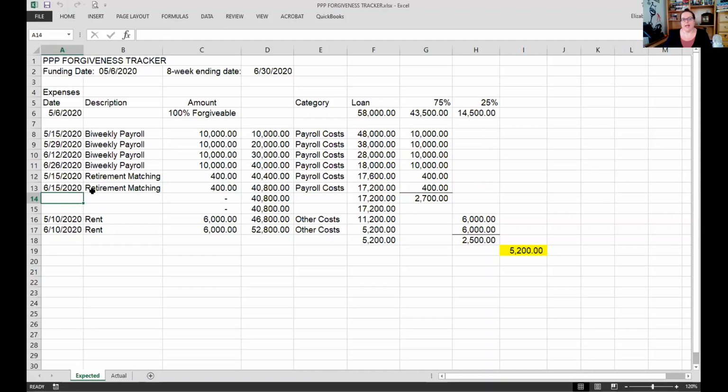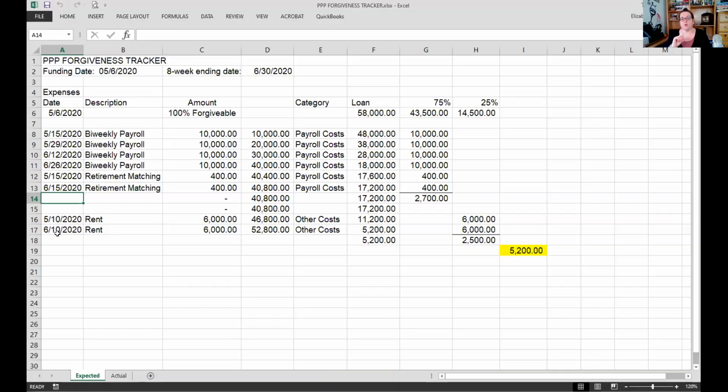Maybe you have mortgage interest, so you have a loan payment that you have to make on a building. I'm going to say that that's going to be somewhat rare because most people keep their building outside of the entity that received the loan. So you may be paying rent, which gets to be included on this spreadsheet, but you may not have a mortgage interest.